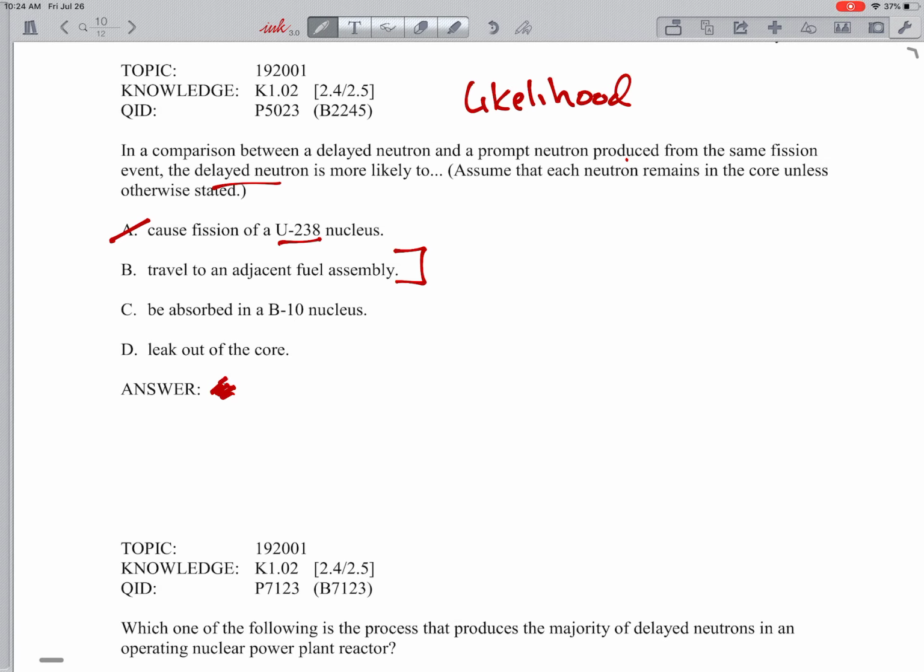A delayed neutron is more likely to be absorbed by a B10 nucleus. I think that's probably true, but I don't quite remember. And leak out of the core. So a prompt is more likely to leak out of the core. Be absorbed by a B10 nucleus or travel to an adjacent fuel assembly. So I think this is going to mean that a delayed has less of a mean.